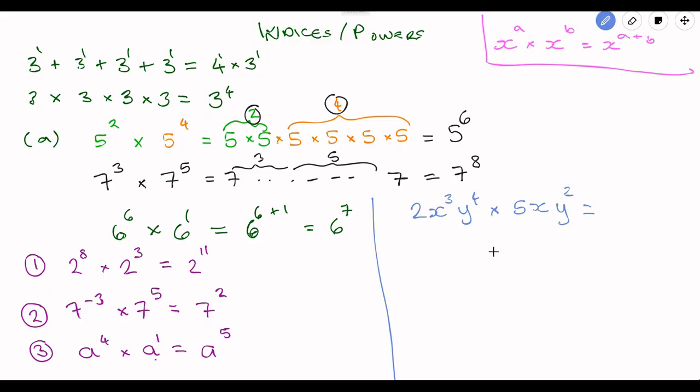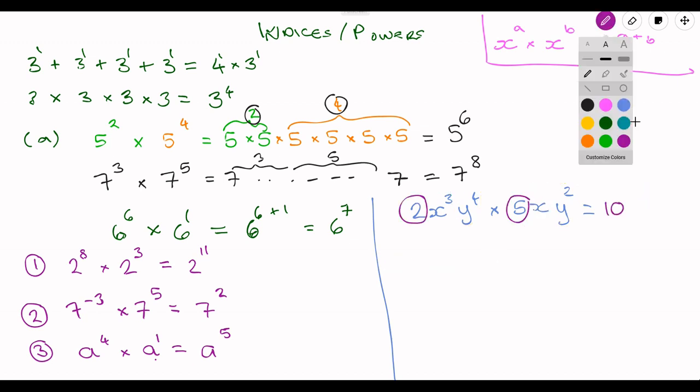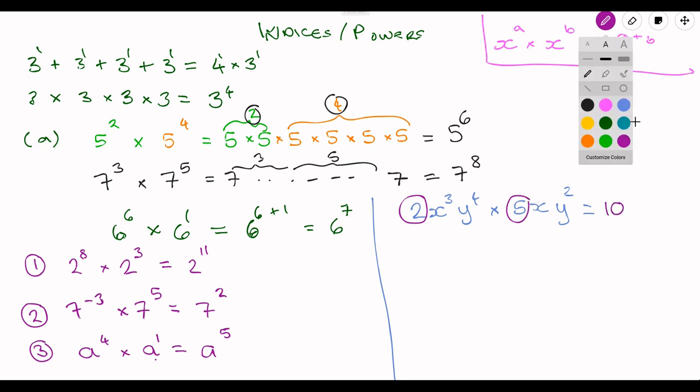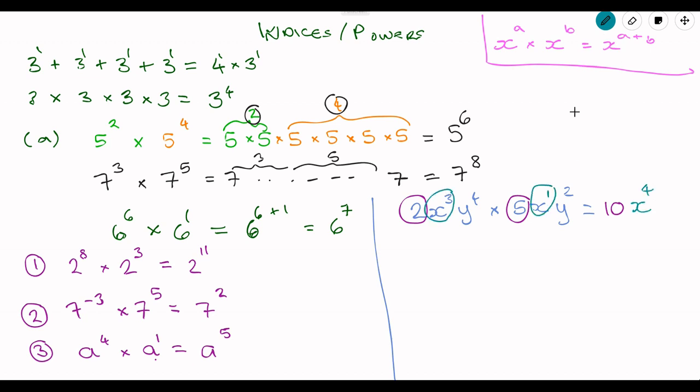If they do this, then just do the same process, but go step by step. So I always look at the numbers first and just multiply them. Then start looking at the bases, things with the same base, so x and x to the power of 1.